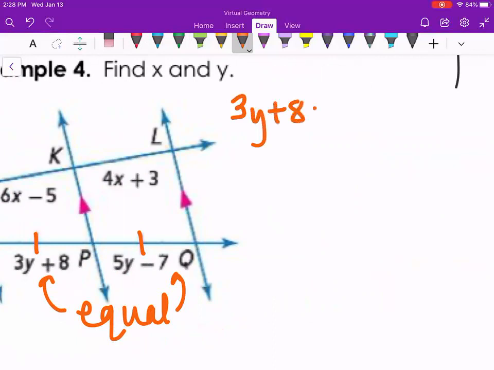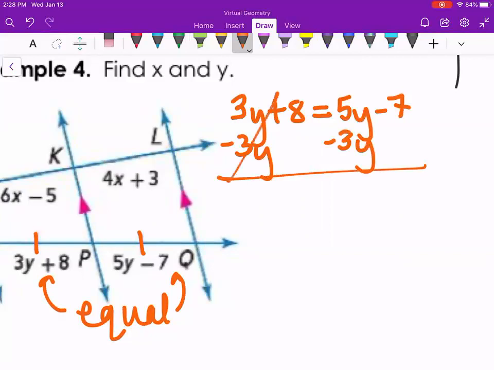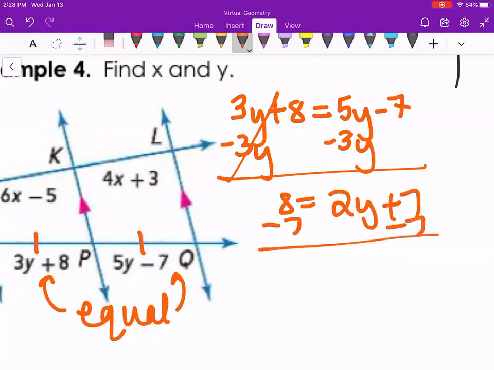3y plus 8 equals 5y minus 7. I'm going to subtract 3y from both sides. So 8 is equal to 2y minus 7. Sorry, it's 2y minus 7, so add it back.